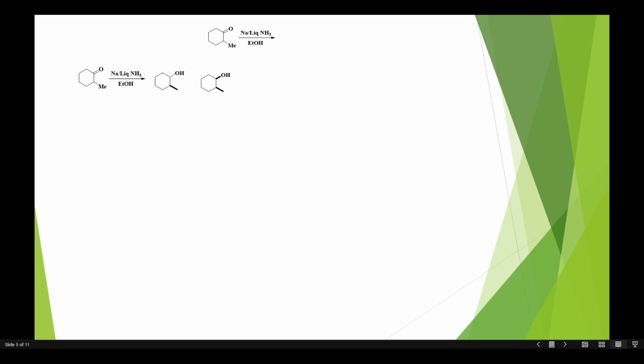Is there any reason? Do you know the cyclohexanone system? Do you know the mechanism of the Birch reduction, how it will convert from the ketone to the corresponding alcohol? The mechanism, you know?